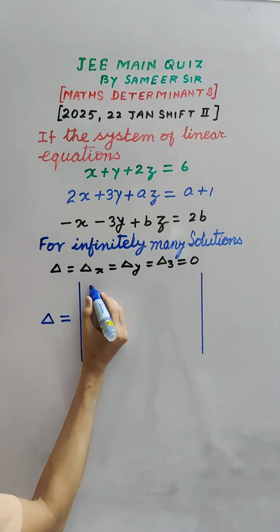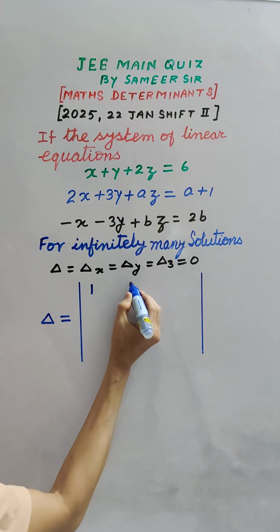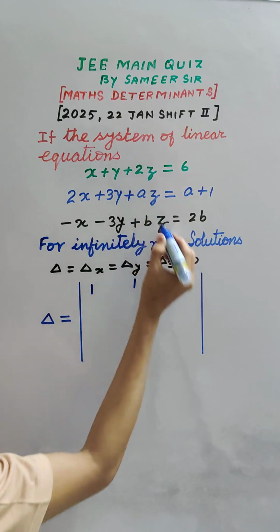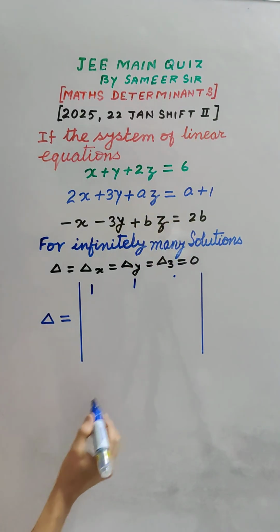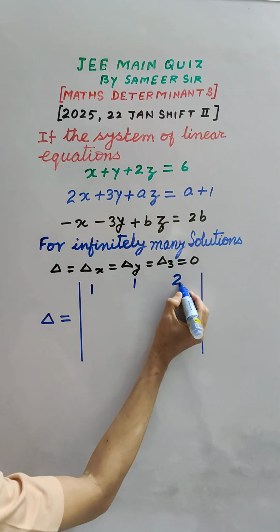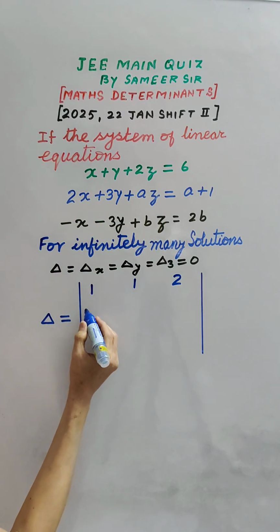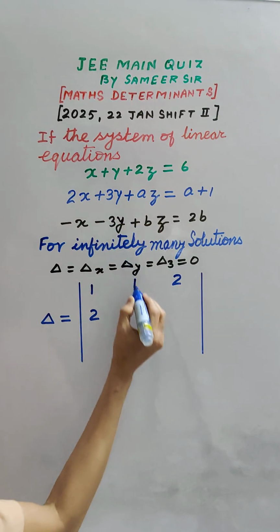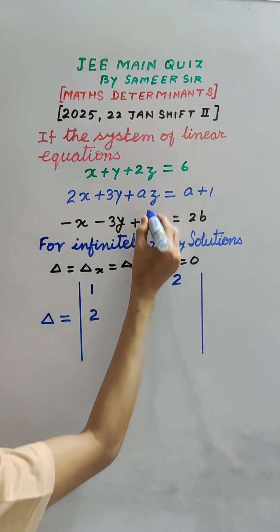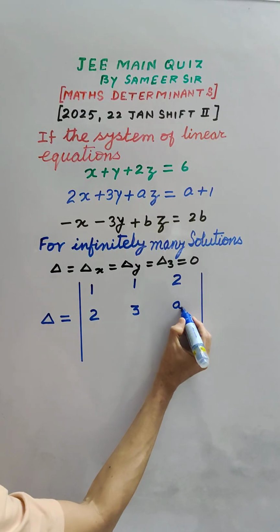Coefficient of x is 1 and y is also 1, and coefficient of z is 2, and similarly in second equation, coefficient of x is 2, coefficient of y is 3, and coefficient of z is 8.